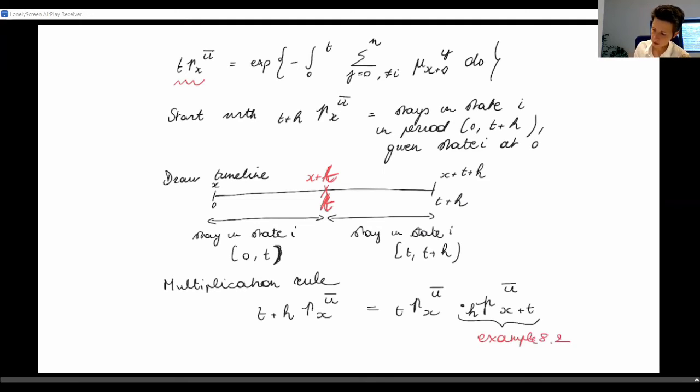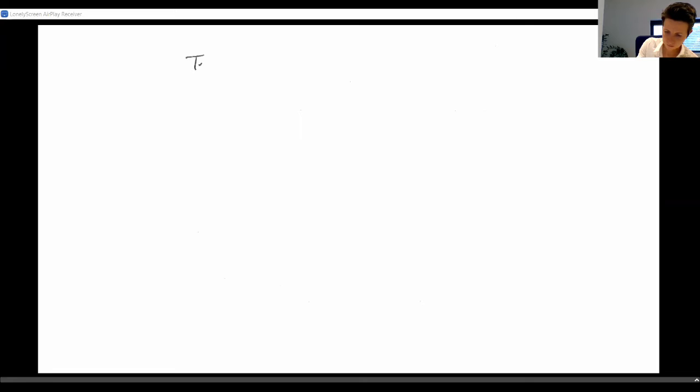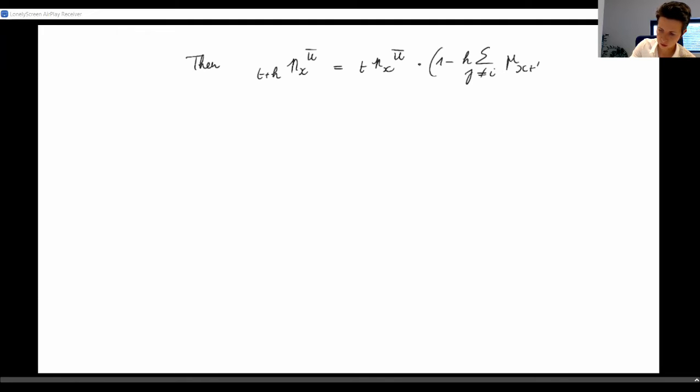If we put that together, then we're looking at the following expression: 1 minus h times the sum over j different from I of mu x plus t ij, plus little o of h. So here I'm using the expression that we put together in example 8.2.